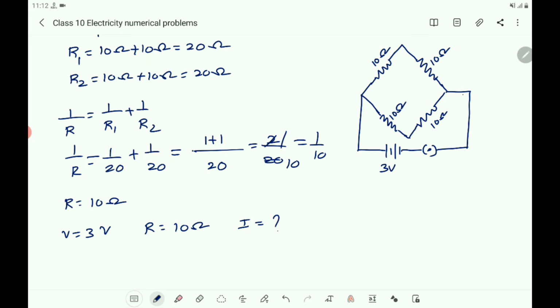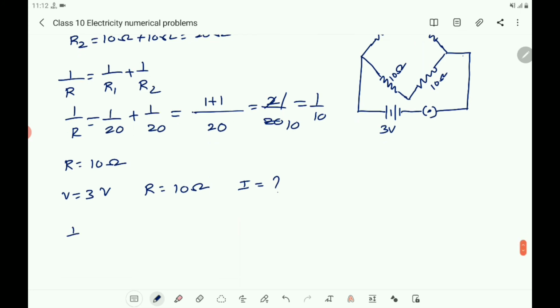I equals question mark. Write the relation I equals V by R, that is 3 by 10. So you will get 0.3 amps, 0.3 amperes of current.